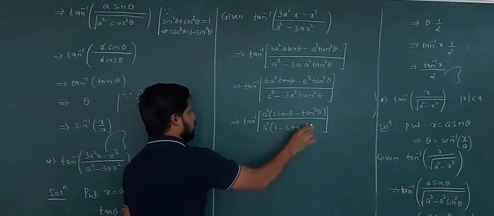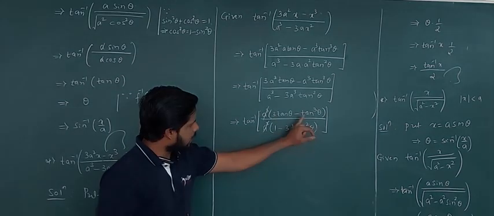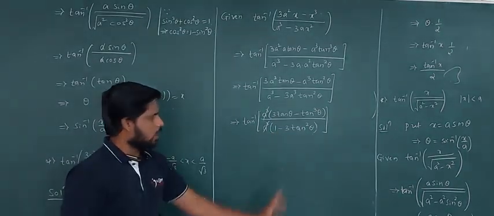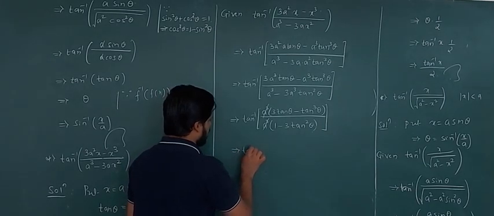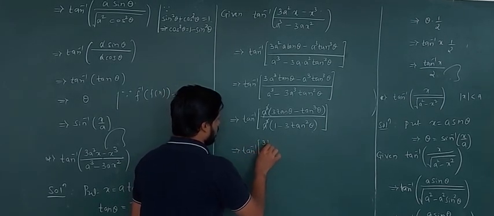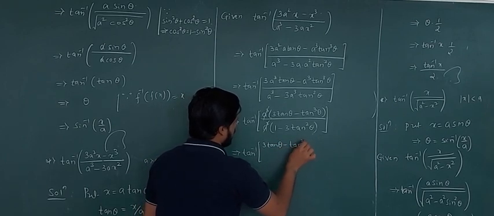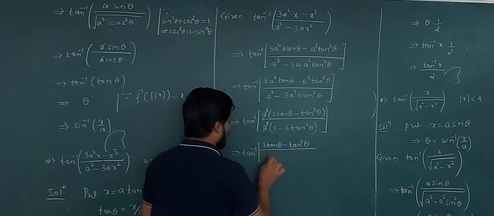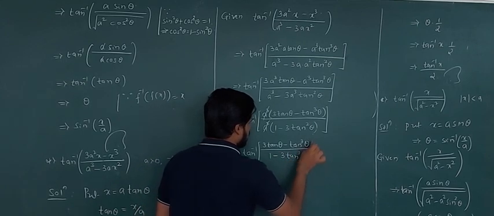Here a cube gets cancelled, we remain with only 3 tan theta minus tan cube theta divided by 1 minus 3 tan square theta. So this implies tan inverse of 3 tan theta minus tan cube theta divided by 1 minus 3 tan square theta.